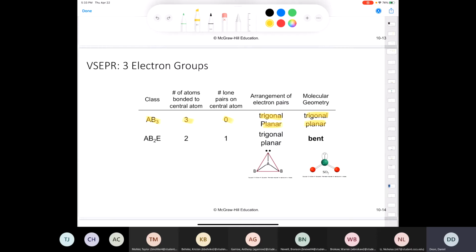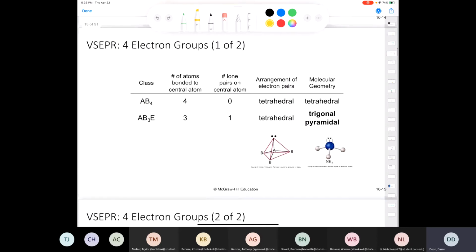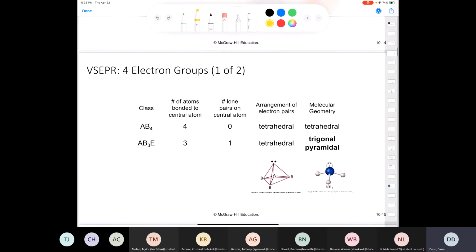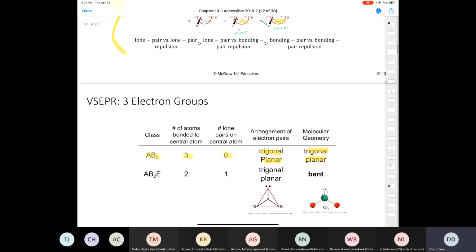So bent. An example of a bent molecule would be sulfur dioxide, SO2. Let's move on from there. What about that tetrahedron? I'm going to go over the tetrahedron a little quicker because I covered it on this slide right here. What happens if you replace one of the bonds with a lone pair, or if you replace two of the bonds with two lone pairs? We covered this already.